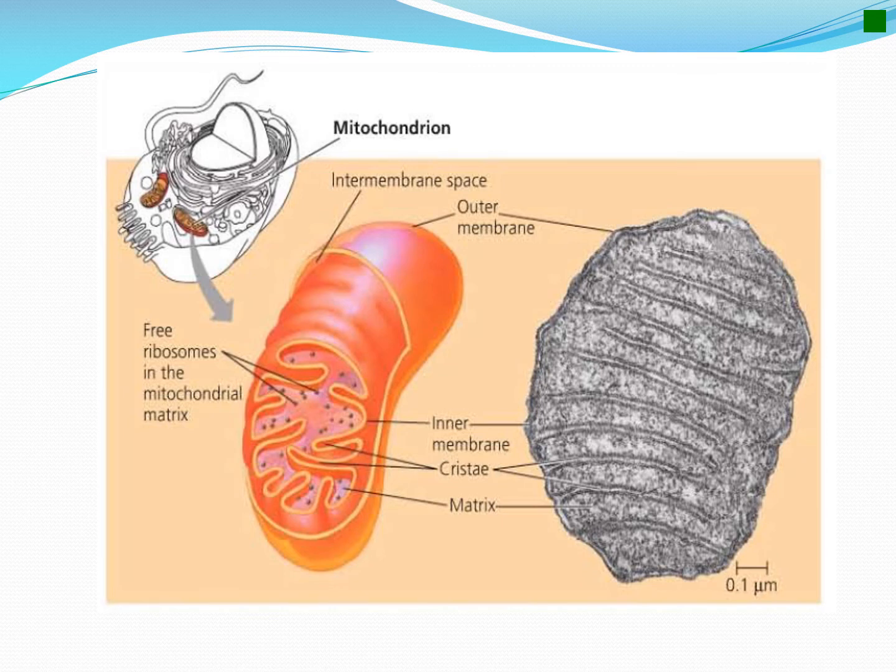This diagram of a mitochondrion shows the presence of two membranes, the outer membrane and the inner membrane, and you can see that between both membranes there is a space, and this space is filled with a liquid, and that space is known as the intermembrane space.